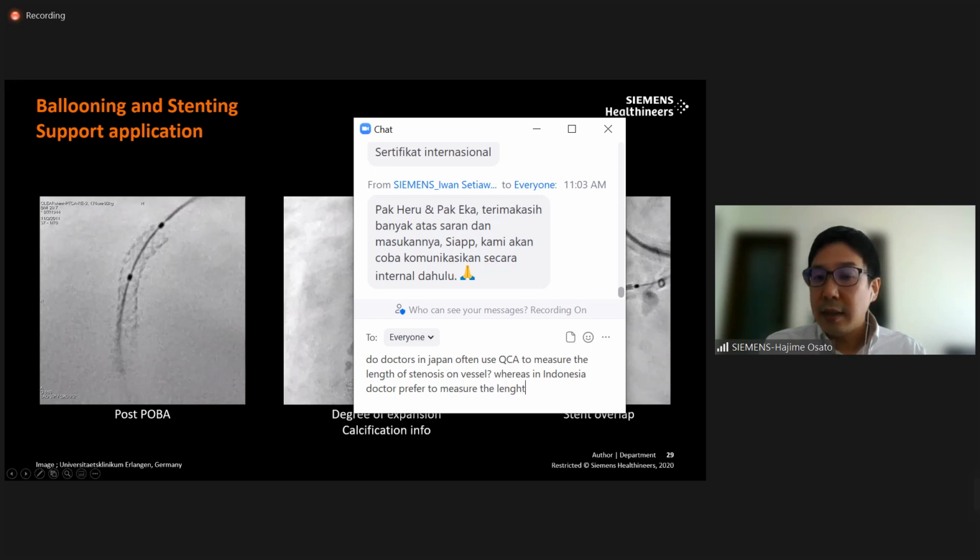And overlap of both stents here. This is a deployed stent. The next one is an additional stent on the proximal side. This is important for doctors and also patients to proceed with treatment safely and efficiently. So clear stent supports this situation.